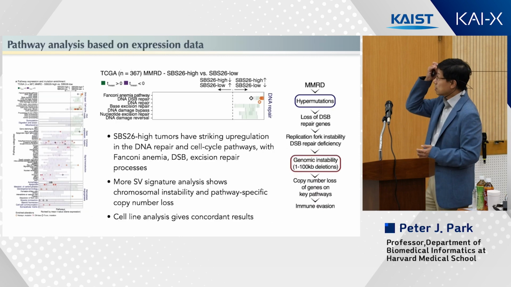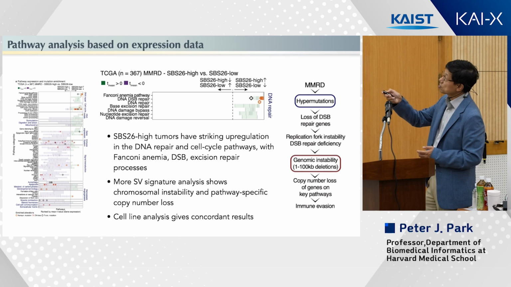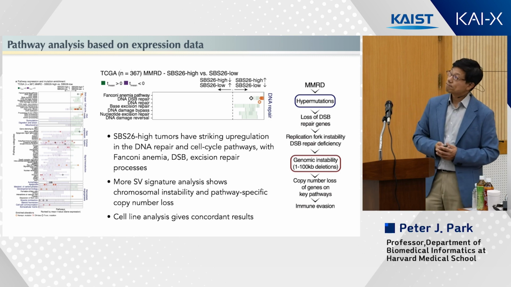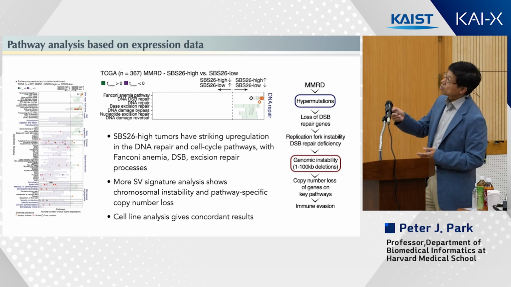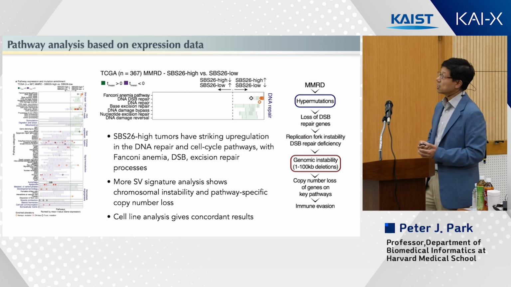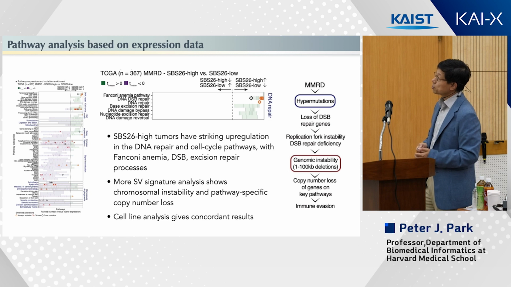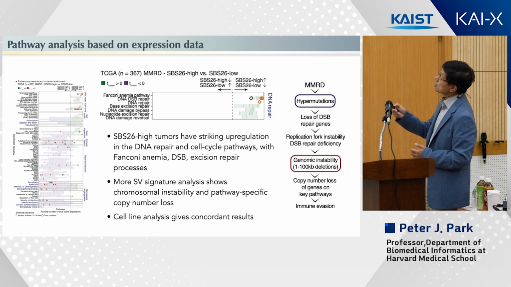It turns out that a couple of signatures, 26 and 54, seem to be significant. If you look at the catalog, 26 is one of the 7 signatures associated with defective mismatch repair, microsatellite instability. Makes sense. I'm going through this relatively quickly.